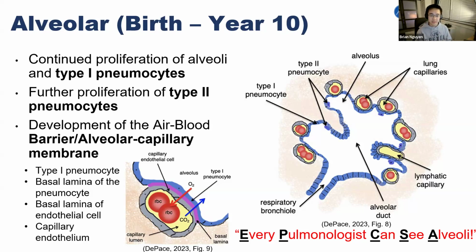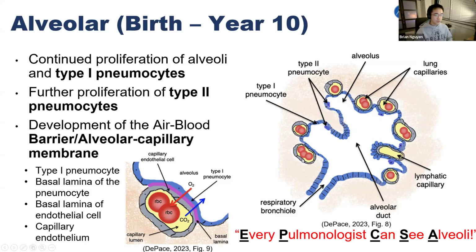This is where we're going to see an increased number of type 1 pneumocytes, further increase of type 2 pneumocytes, and then if the patient has any issues with surfactants such as respiratory distress syndrome, and it didn't manifest as infant respiratory distress syndrome, patients with surfactant issues often might also present at this time. And I just want to point out the components of our air-blood barrier are right here in this little diagram.